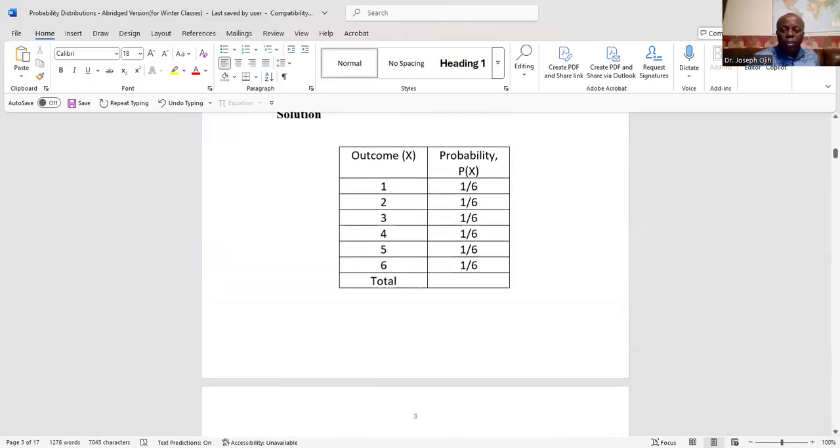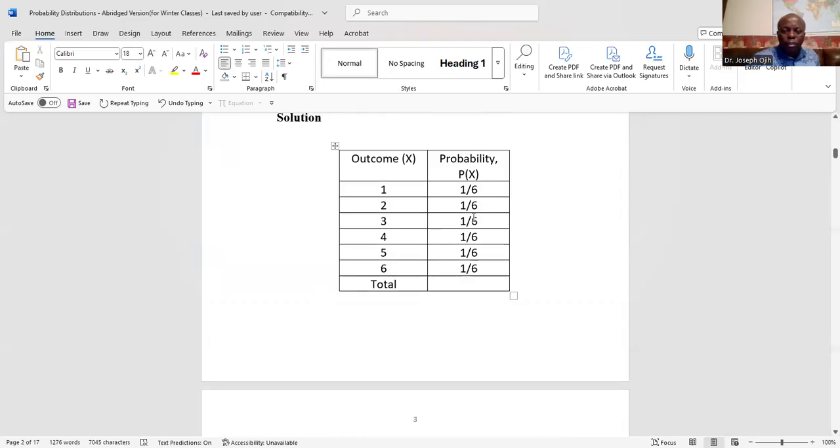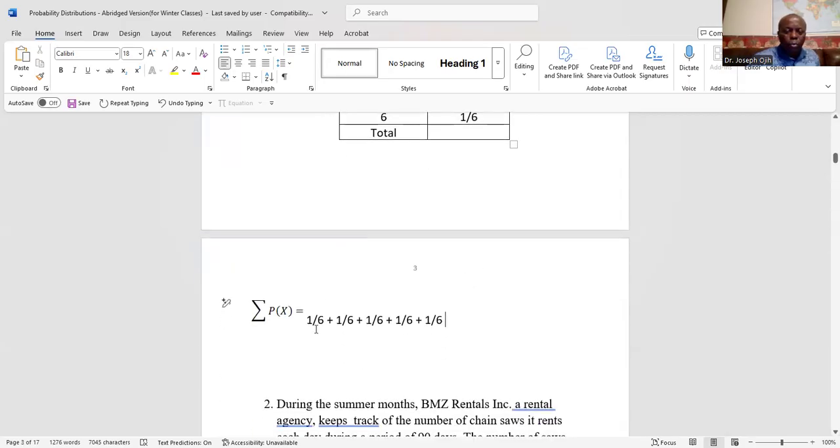How many of them we have? 1, 2, 3, 4, 5, 6. We got 1, 2, 3, 4, 5. That's one more, 1/6. And that will equal 6 out of 6, which gives us 1. So this place is going to be 1.